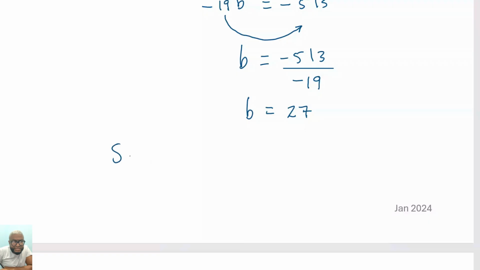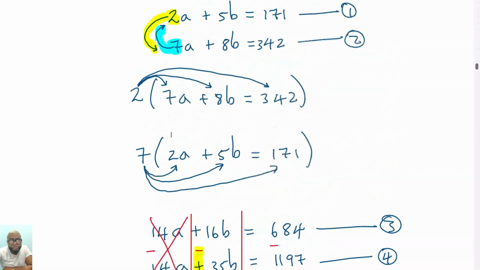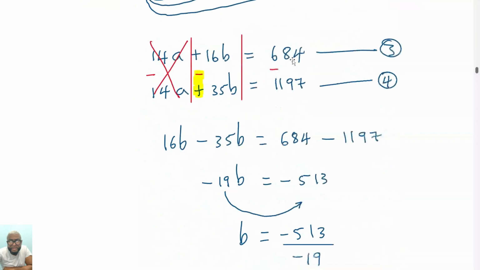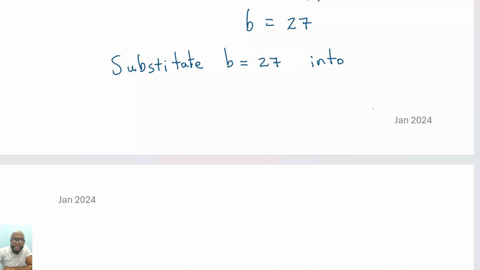I can substitute B is equal to 27 into any one of the equations above, 4, 3, 2, or 1. I would just do 1. 2A plus 5B is equal to 171. So let's go into equation 1.